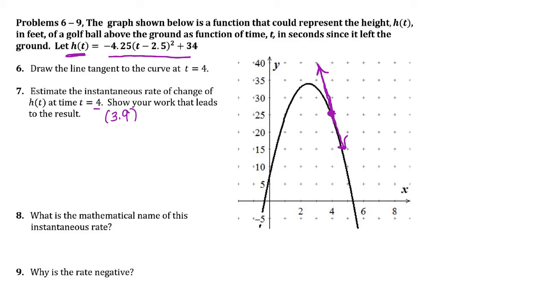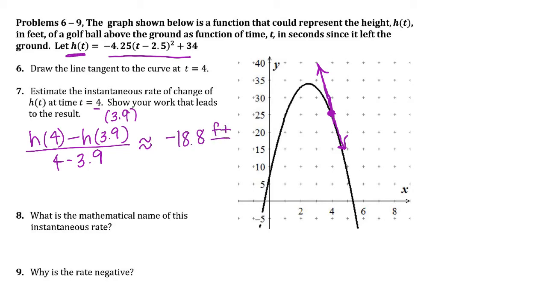And so we would need to look at our height at 4 minus our height at 3.9, and that's all over 4 minus 3.9. And so after we put all of that in our calculators, we should get something that is approximately negative 18.8, and our units would be feet per second.